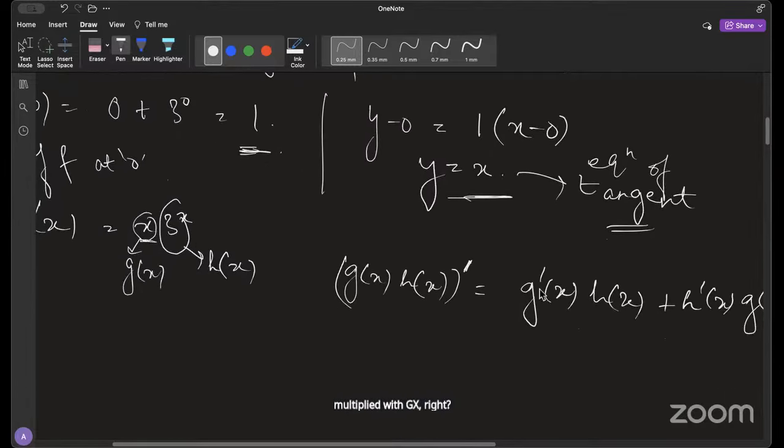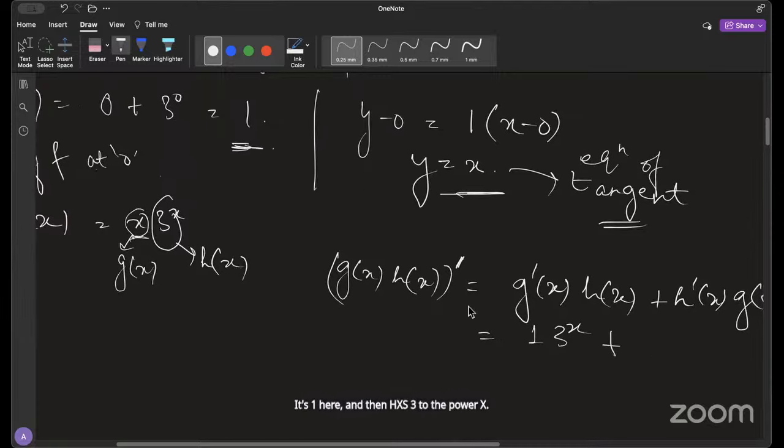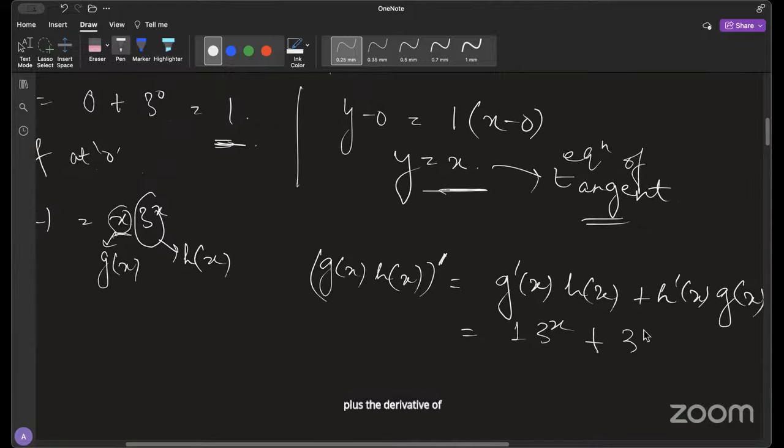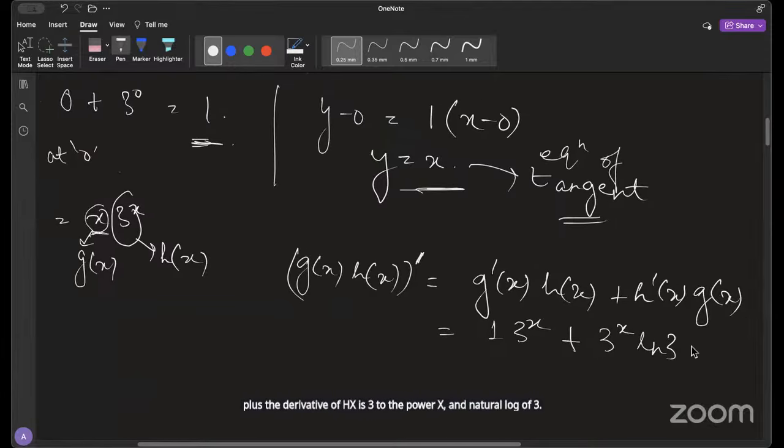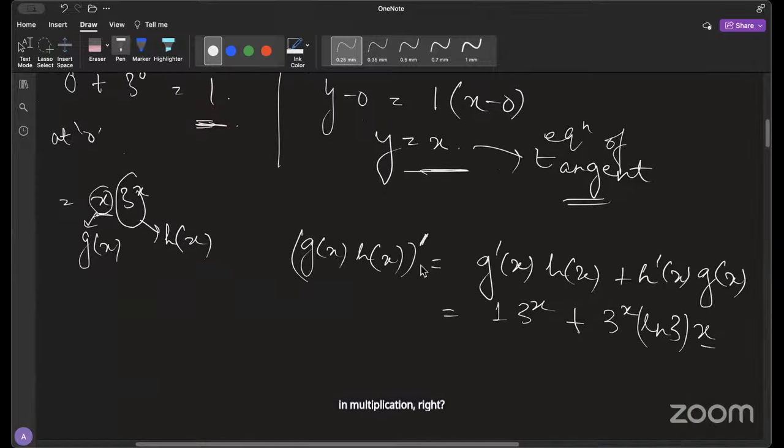So your g(x) is x, the derivative of x is 1, right? So it's 1 here, and then h(x) is 3 to the power x, plus the derivative of h(x), which is 3 to the power x natural log of 3. And g(x) as it is, so you'll have x here in multiplication, right? So this is your derivative.